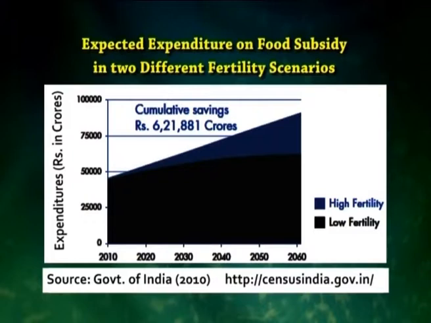Therefore, it is necessary to control the fertility rate, as with this the government's cumulative savings in terms of expenditure on food subsidies will be about rupees 6,21,881 crores. This expenditure will fall further if at low fertility rate, at high rate of economic growth, more of the people are pulled out of the poverty traps. The food security is the first and foremost step for a healthy population.